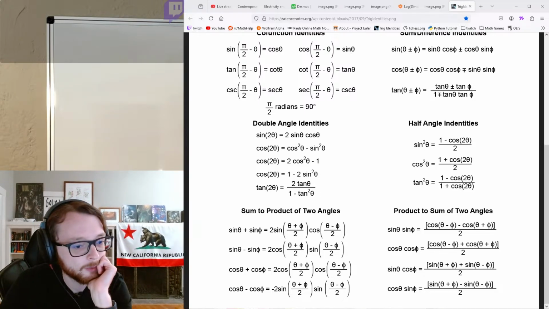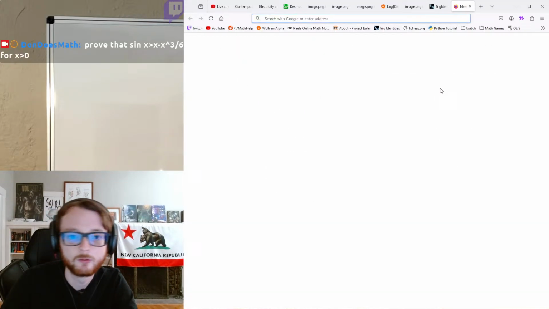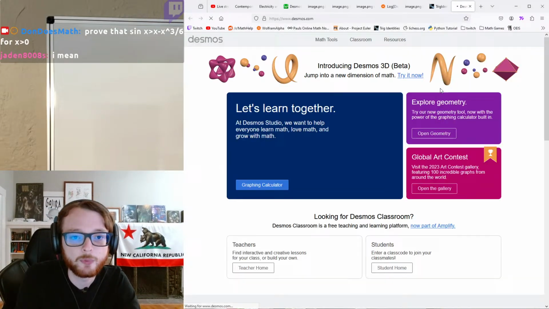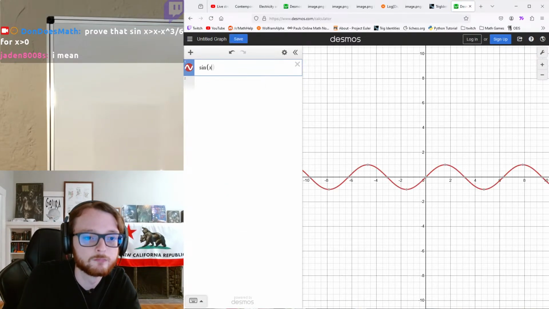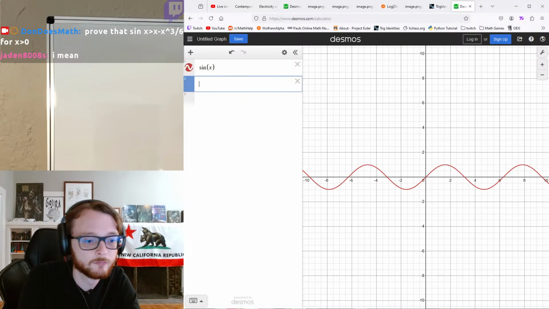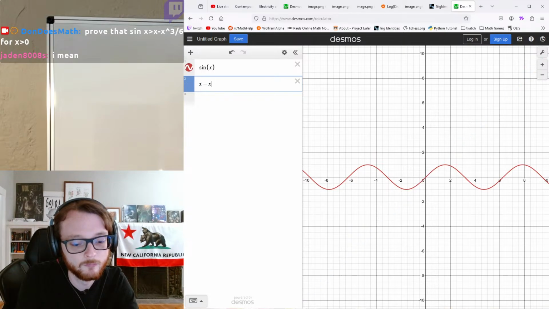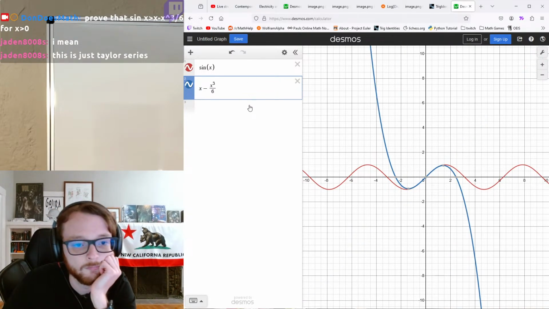And x minus x cubed over 6 is the Taylor series. But just to confirm, I want to look at this in Desmos. Oh wait, no, greater than, yeah.